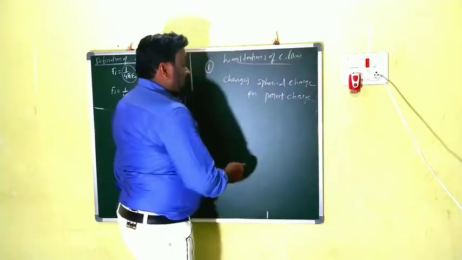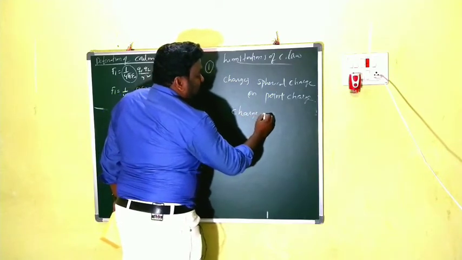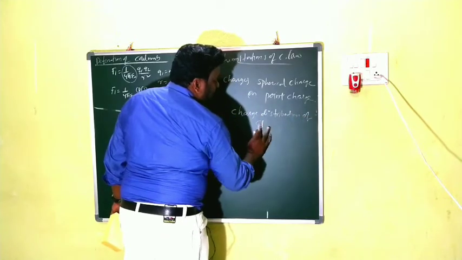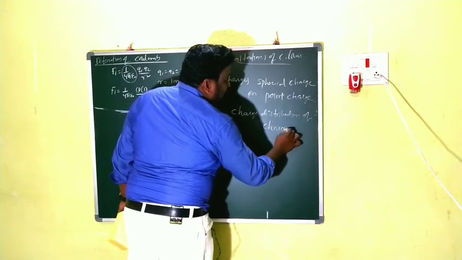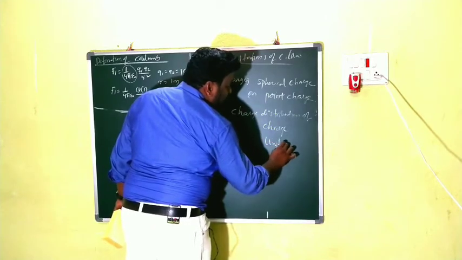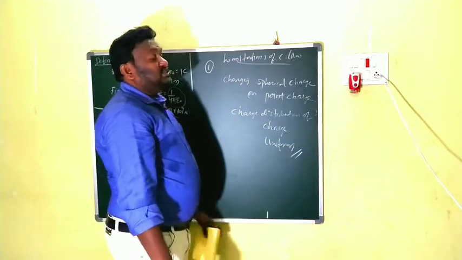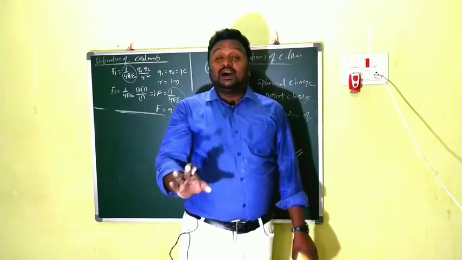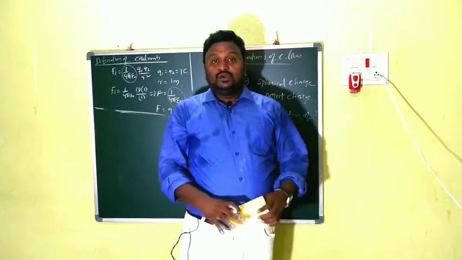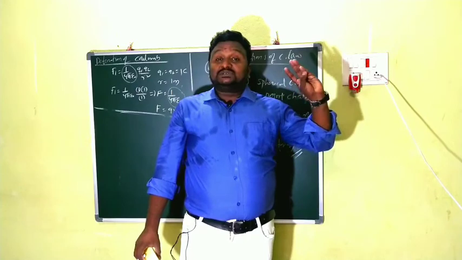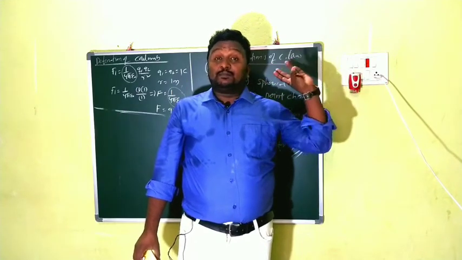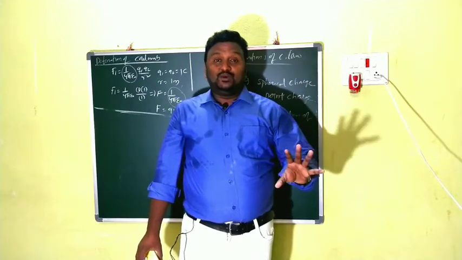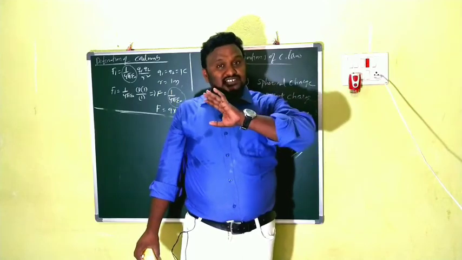Again, the charge distribution is so important. The distribution of the charge in a sphere should be uniform. That means the charge should be equally distributed in the metal sphere, then only Coulomb's law is applicable, otherwise it is not applicable. Clear?